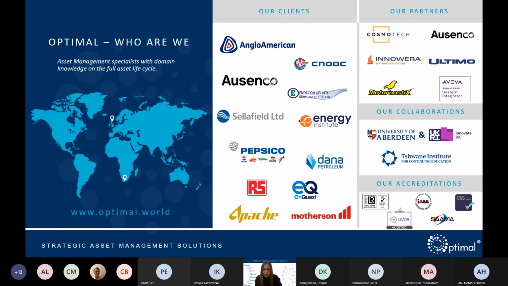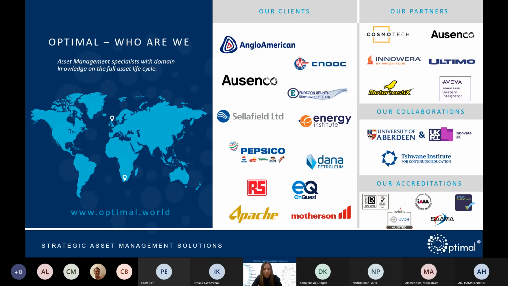Our research work with the University of Aberdeen and collaboration with Tshwane University of Technology, as well as track record of various asset management optimization projects in oil and gas, mining and nuclear sectors, has focused our understanding of asset management efforts and their maturity.